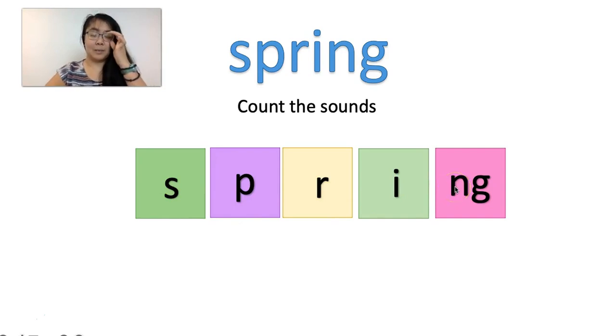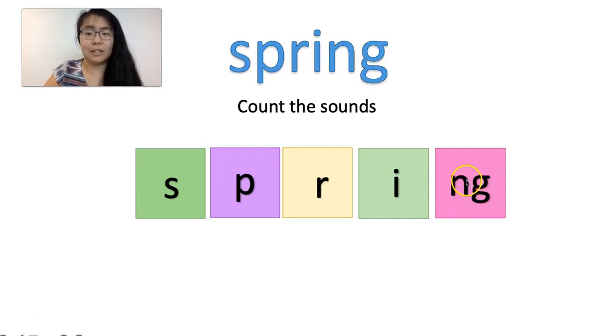Spring. So, it's important to remember that when you see an N and a G at the end of a word together, this is a letter team. It's not a vowel team. These are not vowels. They're called consonants. Those are letters that are not vowels. So you hear spring.